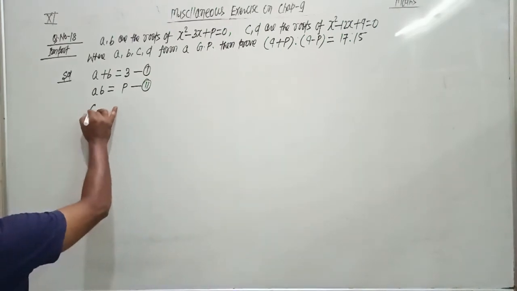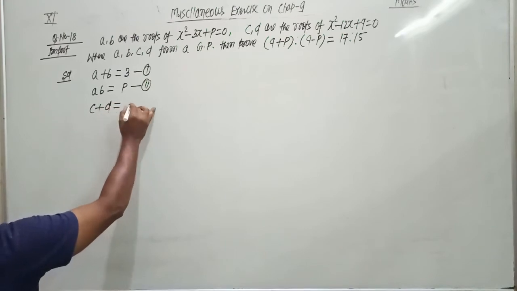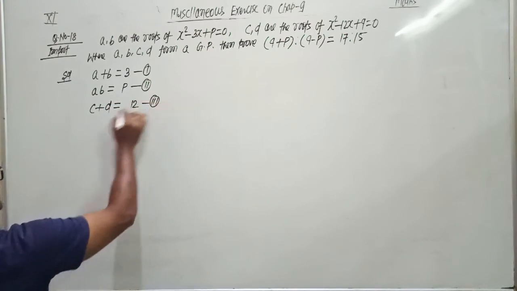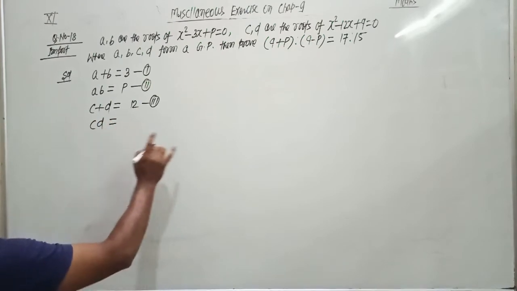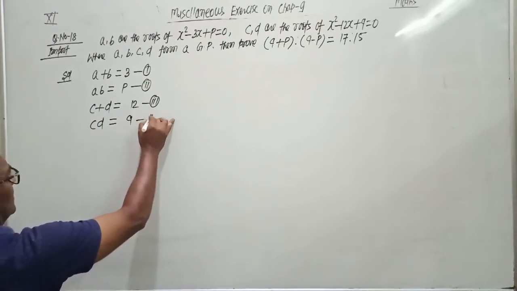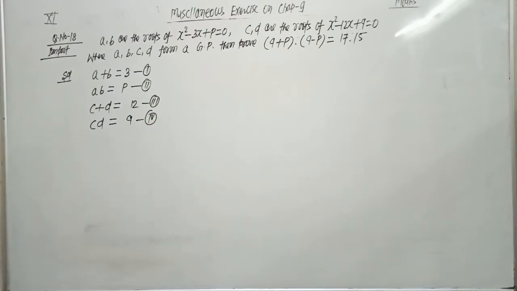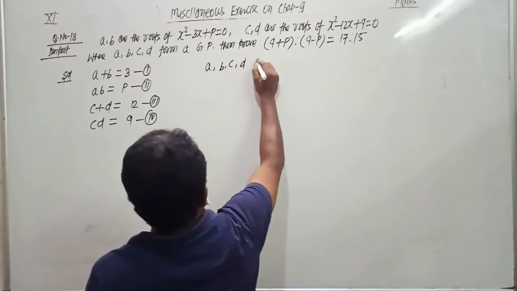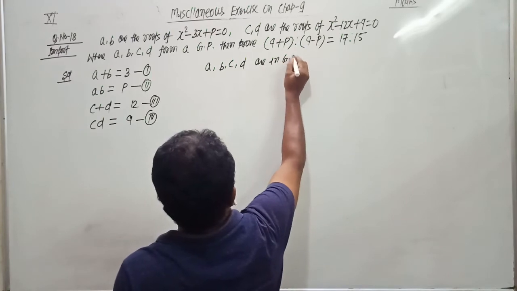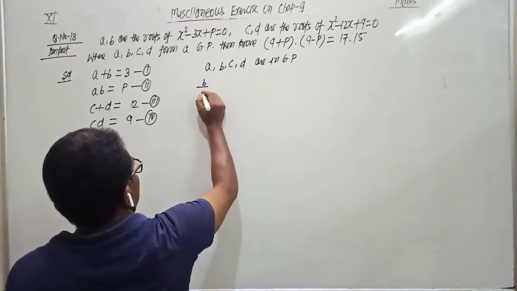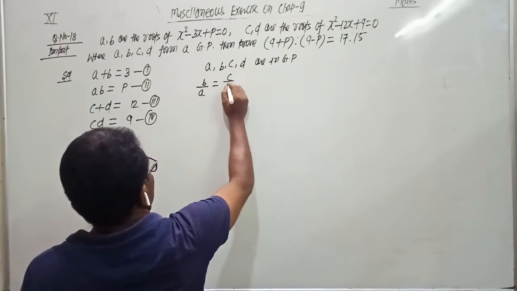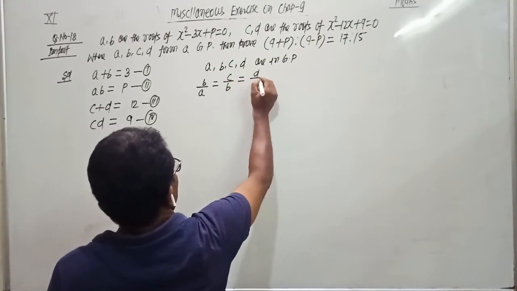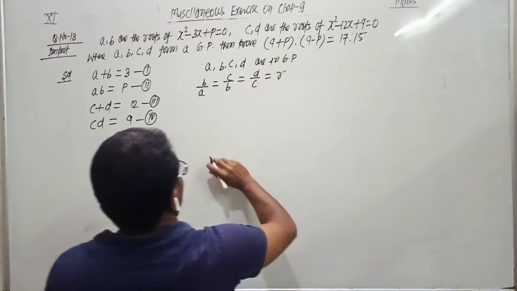Therefore, C plus D equals to 12 and product of roots C into D equals to Q. So we get these four equations. And also we have given that A, B, C, D are in GP. It means B by A equals to C by B equals to D by C equals to R.